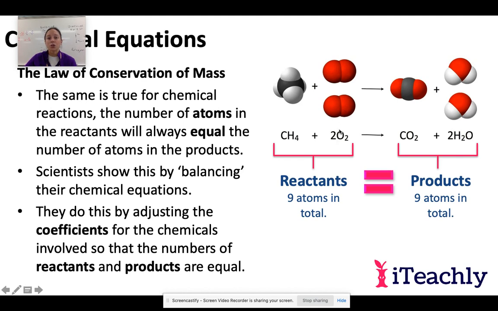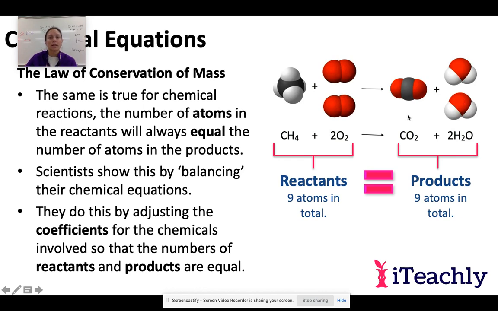Notice that I need 2 oxygens, 2 oxygen molecules, and it's going to make 1 CO2, which has 1 carbon and 2 oxygens, and 2 water molecules, each with an oxygen and hydrogens.